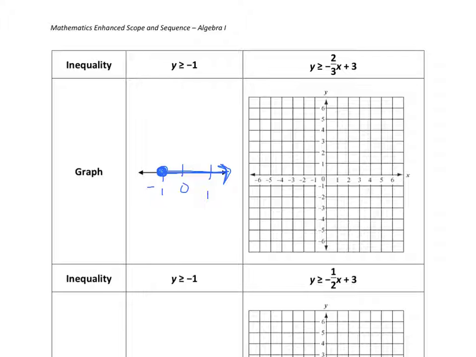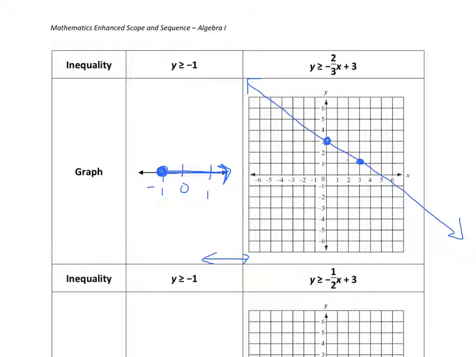Okay, so because I have a filled in line, I know that my line in this graph here is going to be a solid line on my graph to the right. So I start at my y-intercept, and my slope is negative 2, 3, so down 2 to the right 3. Okay, gets a filled in line. So we are including the points on this line.